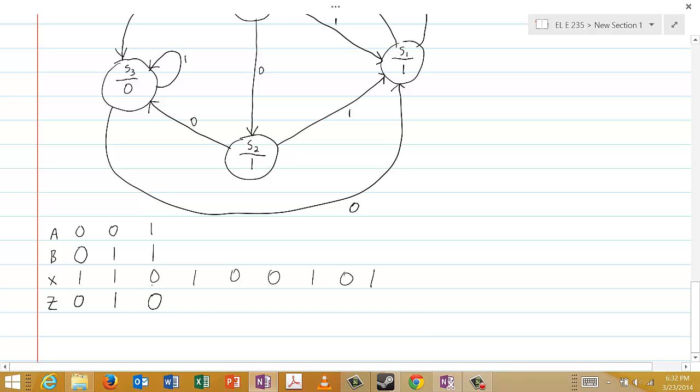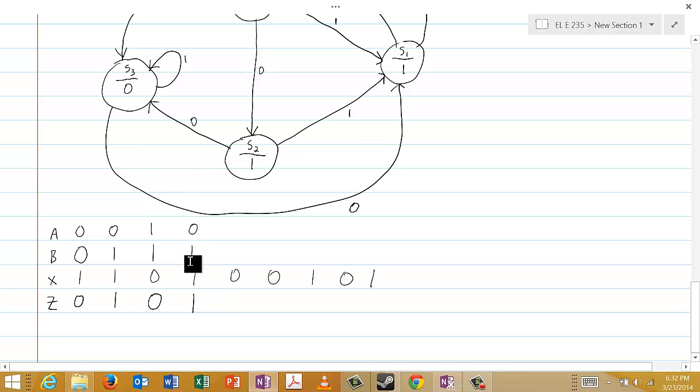So we fill in 0 for Z. And now where do we go next? Well, we're in S3 and we have an input of 0. And this tells us that when we're in S3 and the input is 0, we go to S1. So that's 0, 1. And in S1, the output is always 1.